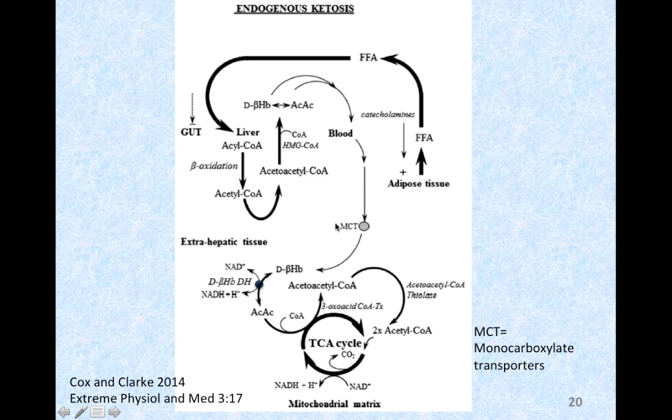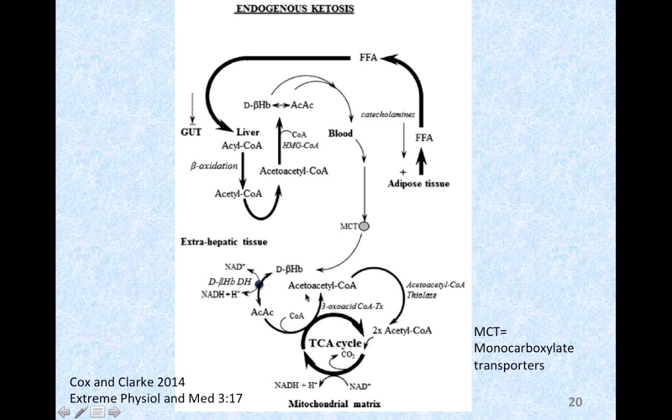They enter into tissues through these MCTs. MCT stands for monocarboxylate transporters. So the ketone bodies go through transporters. They recognize them, transfer them into tissues. Remember, beta-hydroxybutyrate tends to be in higher amounts. Converts to acetoacetate.